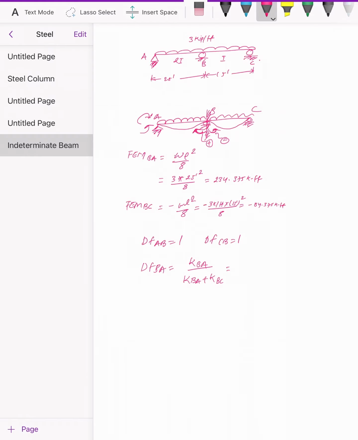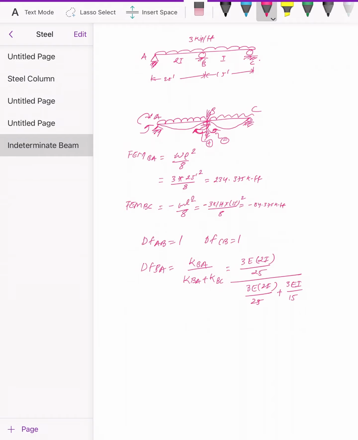When the far end is a pin or roller, our stiffness will be 3EI over L. So 3E times 2I over L, the length is 25 feet, plus BC, the same 3EI, we have only I over L, it's 15 feet.